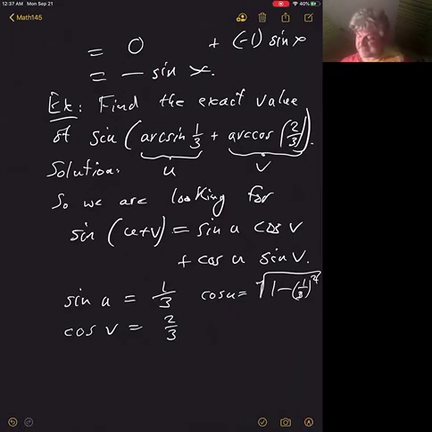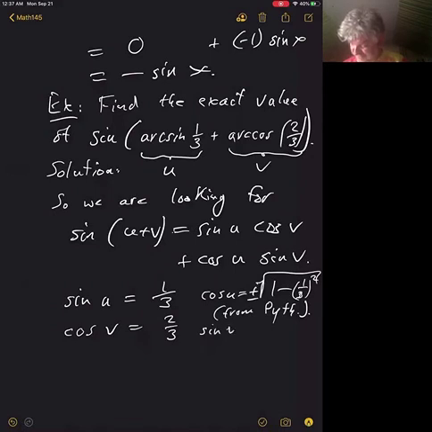From Pythagoras itself, we just get plus minus, because we only know cosine squared plus sine squared is 1.